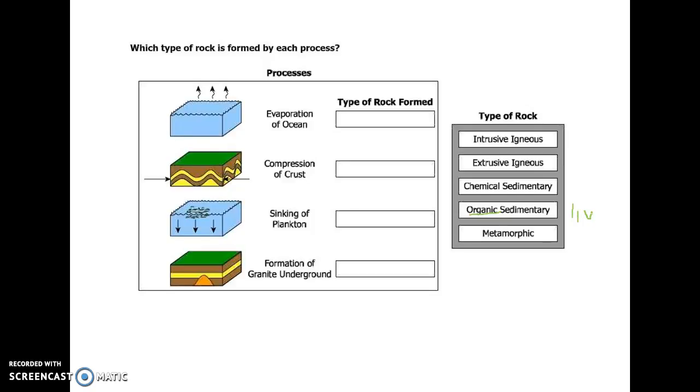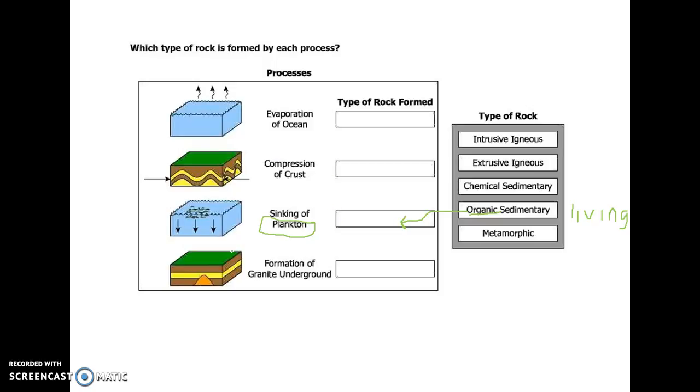So anything that we describe as organic either is living or was once living. When we look at this list of processes, only one thing on the list has something that is or was living. So the sinking of plankton is the only thing that really goes with organic. So we're going to put that right there.